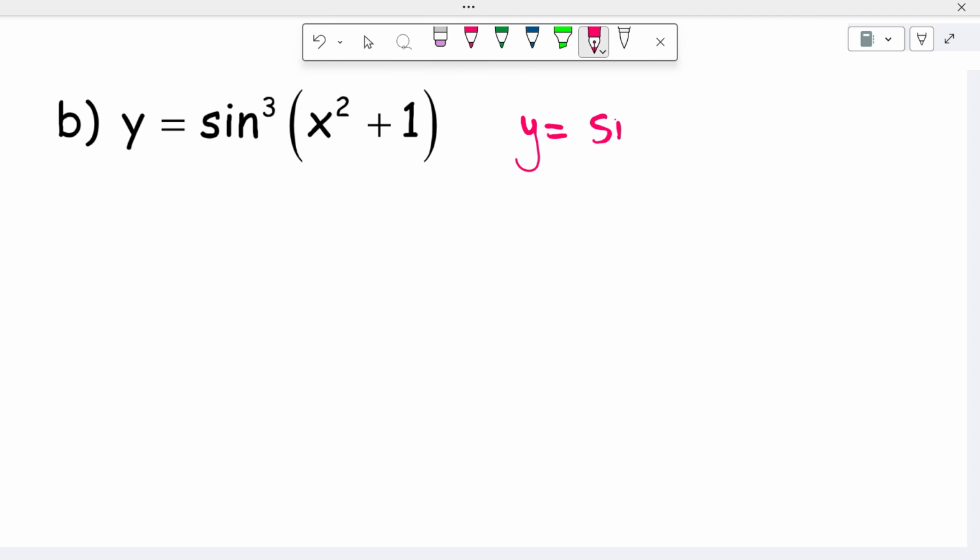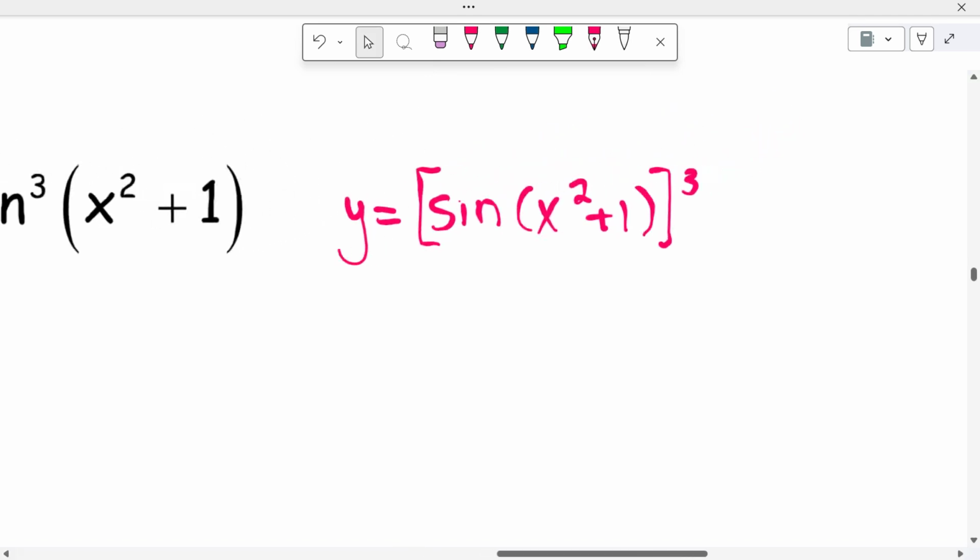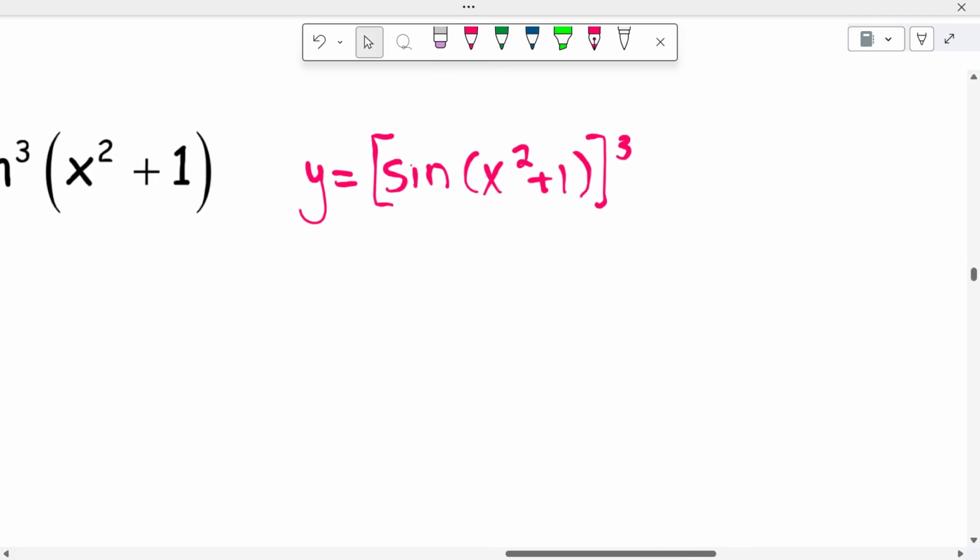Do you guys agree that that's what that means? I'm not going to write it 3 times, but what I am going to write it is in a way that you guys can visualize this better, because then you will clearly see what's inside and what's outside. Is that technically the same thing? Right? Everybody okay with that?